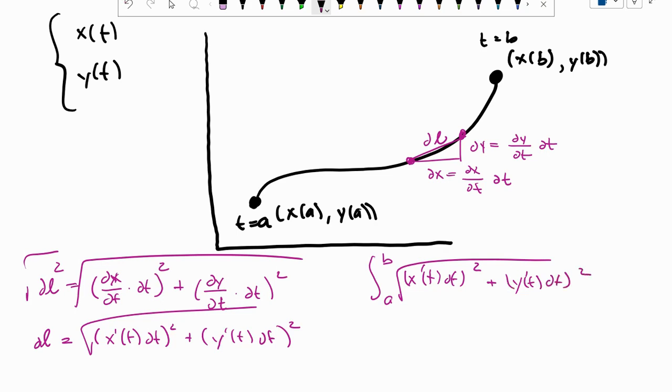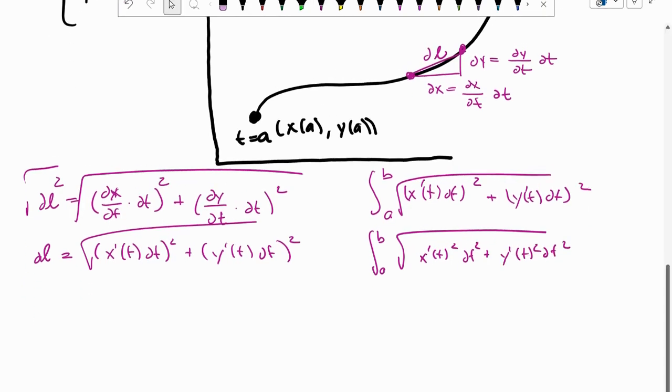Now let's simplify that. We end up with the integral from a to b of the square root of x prime of t squared dt squared plus y prime of t squared dt squared. Now again, we are missing the defining differential that tells us what we're differentiating with respect to.